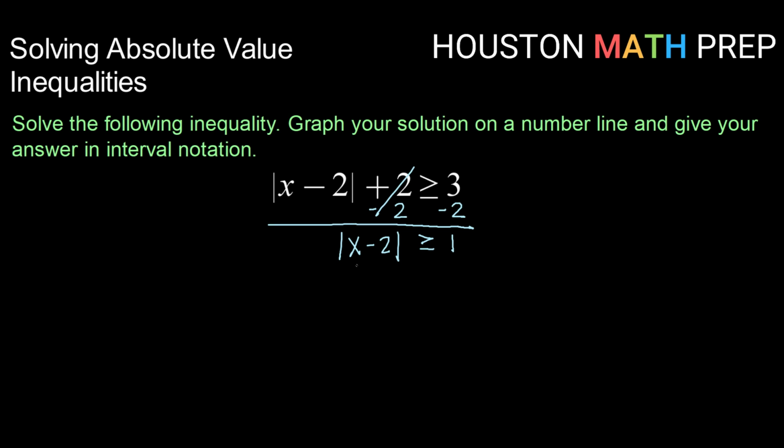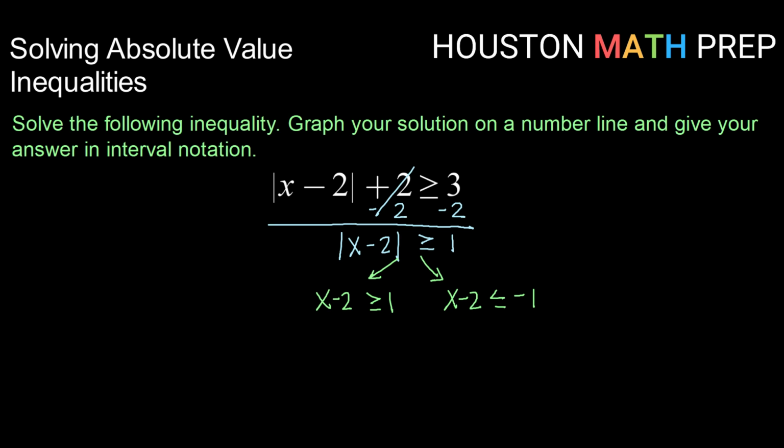Now that that absolute value is isolated, we'll go ahead and split into our positive and negative versions. So the positive version will be x minus 2 is greater than or equal to 1. And our negative version will be x minus 2, flip the sign, is less than or equal to negative 1.